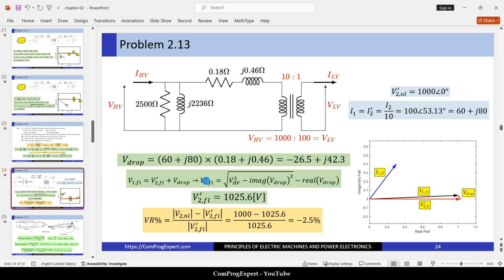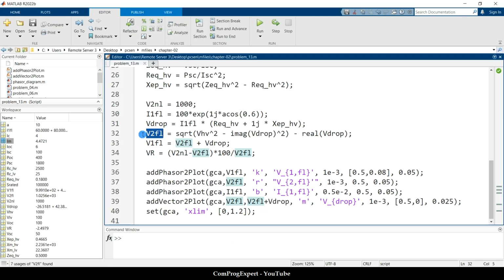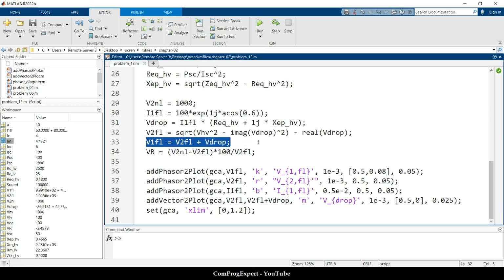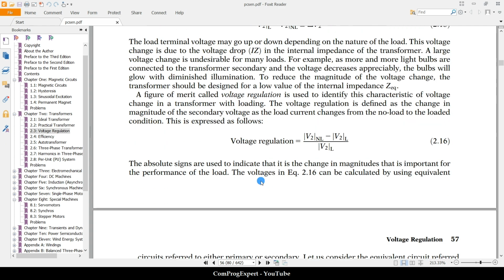I implemented this equation we discussed, and this is the value of V1 for the full load case.